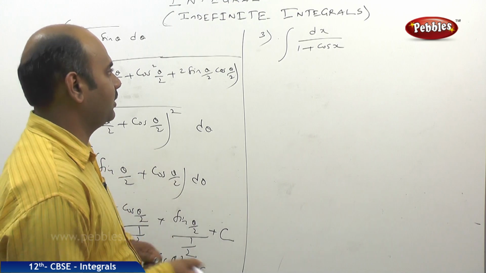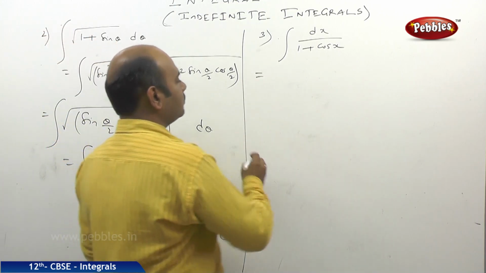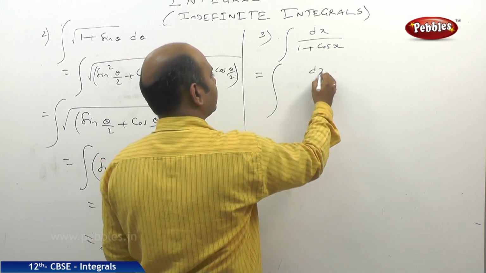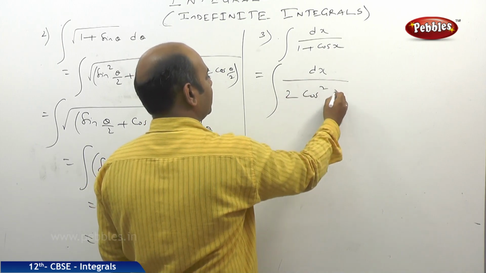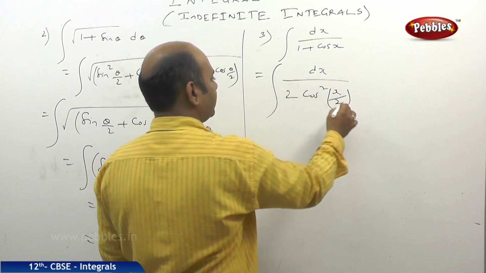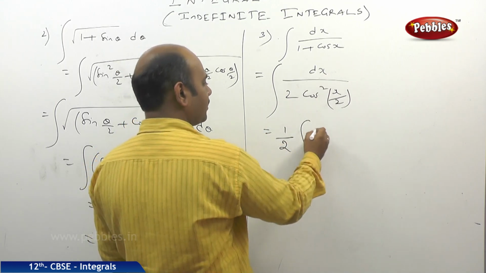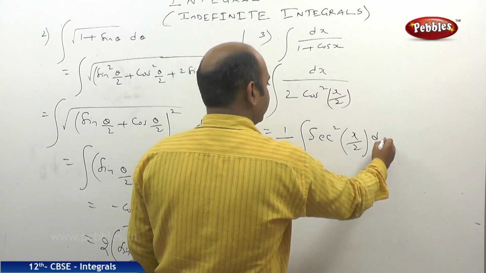So we should see a problem, the last problem of the day. Integral of dx by 1 plus cos x. Just now I said 1 plus cos x can be written as 2 cos square x by 2. So 1 by 2 comes outside. dx by cos square x by 2 becomes secant square x by 2 dx.